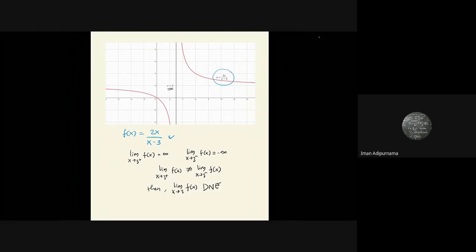Another thing about limits, we have limit laws, which means we have certain algebraic operations in limits. So I will write this limit law.